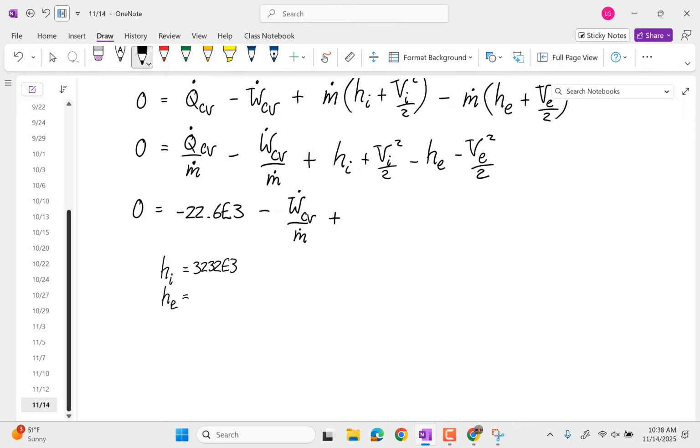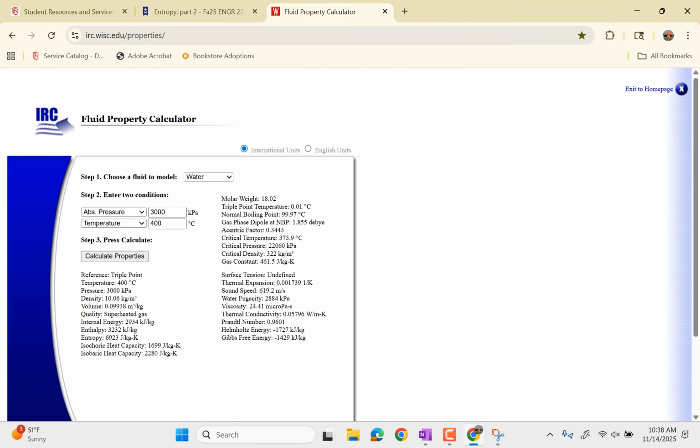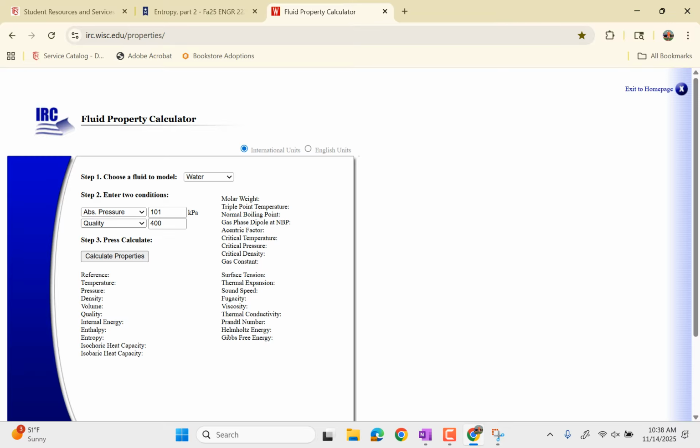And then the second one was at 101 kilopascals and a quality of 1.